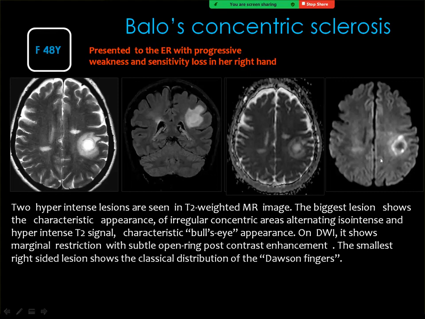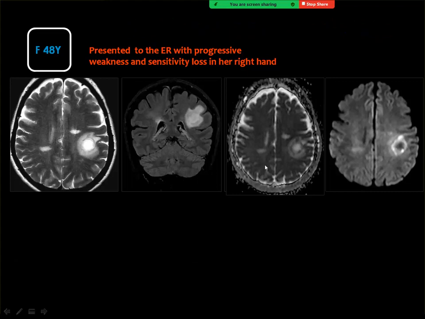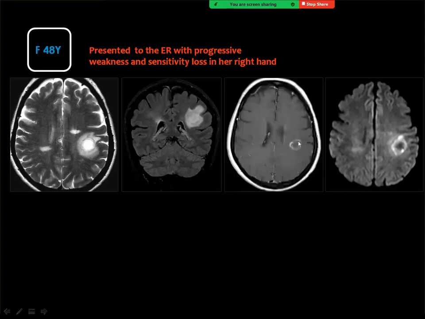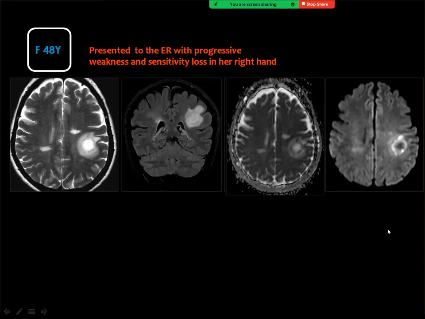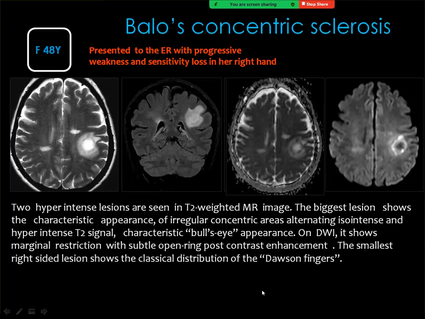And this lesion may be single or multiple, and you got layers or concentric layers within the lesion, and hence its name. When the lesion is surrounded by perifocal brain edema, and if you inject contrast material, then the margin of the lesion will enhance, and this margin will also show diffusion restriction in the diffusion weighted images.